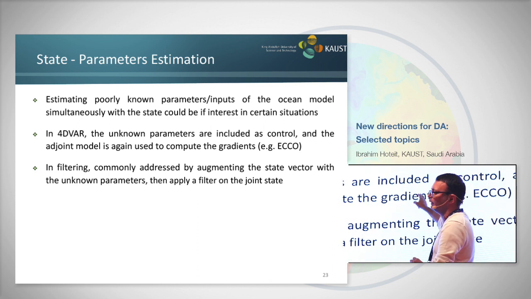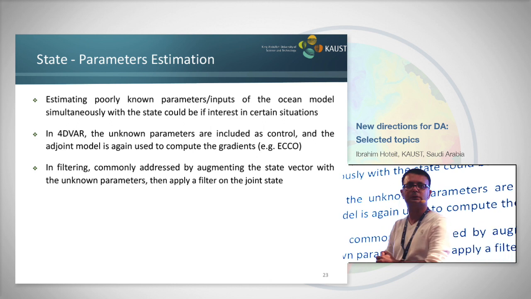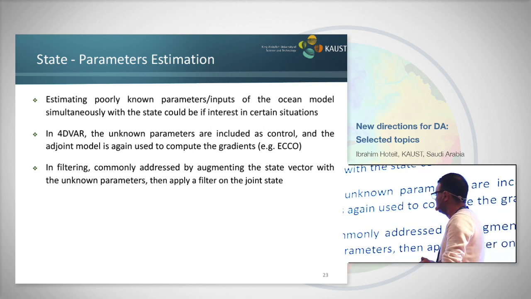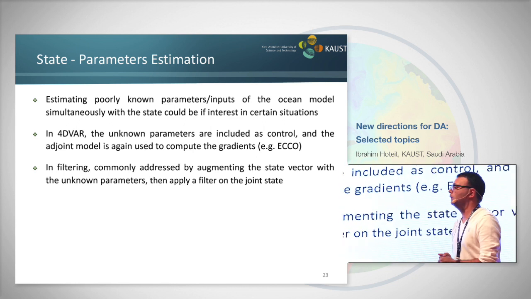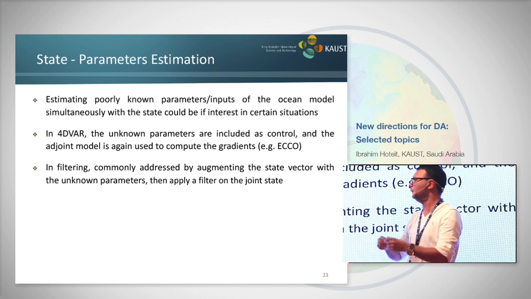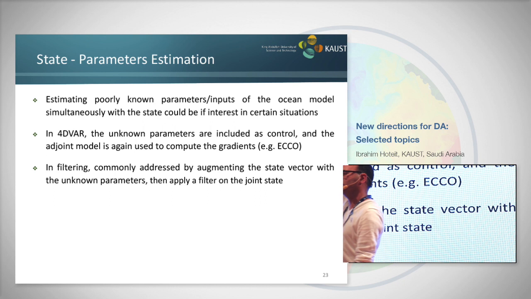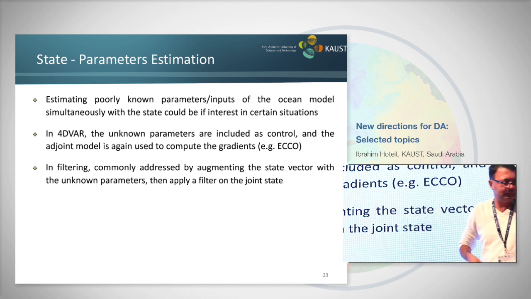Okay? 4D-Var does it very well and very easily. You just control the initial condition with the parameters. This is what I showed with ECHO. And filtering can also be done in a straightforward way, and this is what the reservoir community has been working on for like 10 years. It's just putting the state and the parameters in one vector. So we call it joint state parameter estimation. Okay? And then you apply the EnKF as usual.